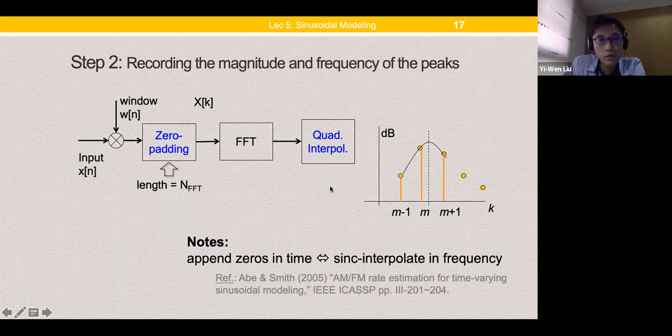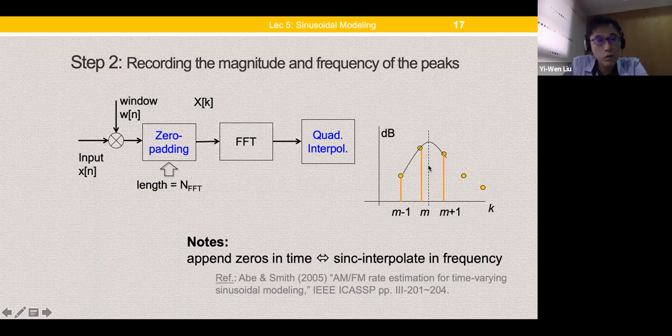Let me explain this first, and then I'll come back to zero padding. Quadratic interpolation basically means you fit a parabola near the local maximum. Then you use the apex of that parabola as the estimated amplitude or magnitude, and the location of that parabola in general would not be on an integer frequency grid point. It could be a fractional number.